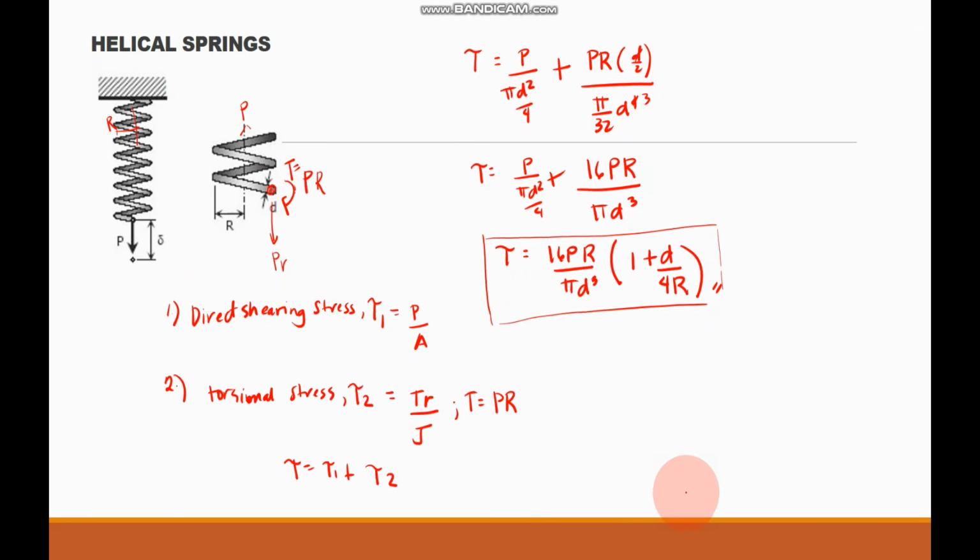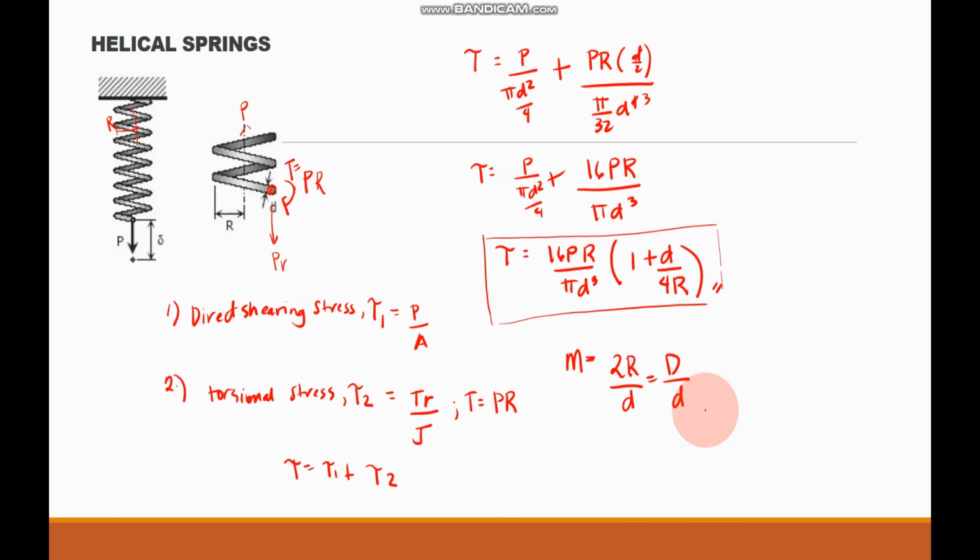So the ratio of the mean diameter of the spring to the diameter of the wire is represented by a certain constant m, or spring index, in which our m is equal to 2R divided by the diameter of the wire, so it becomes 2R all over the small letter d.